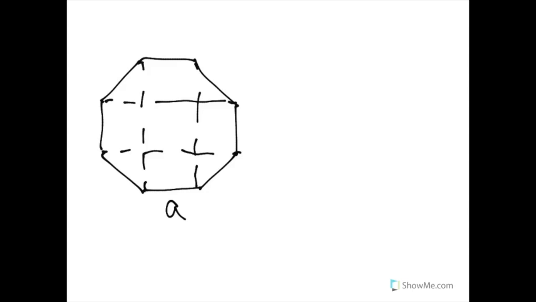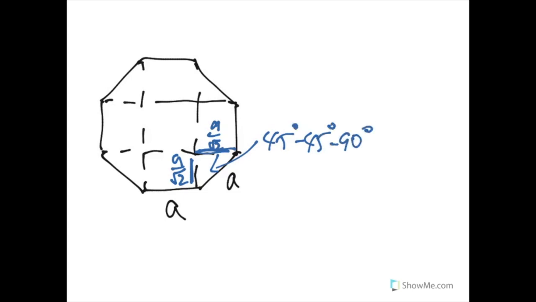So if the side length is a, we can see that this edge here must be a over root 2, and so must this edge. This is because this is a 45, 45, 90 degrees triangle.